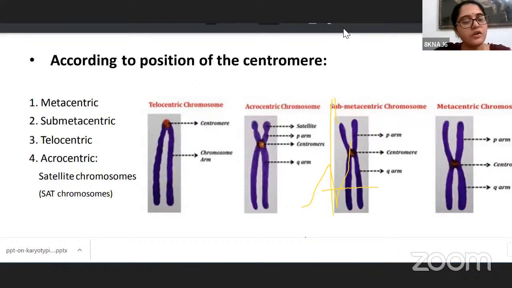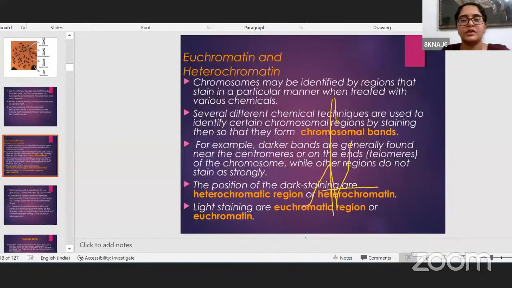The thing is, I have around 3 or 4 PowerPoints open right now, and despite the fact that they are in chronological order, the part I'm looking for right now, euchromatin versus heterochromatin, is missing.